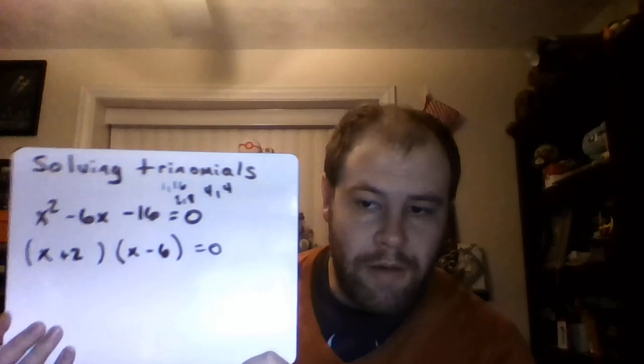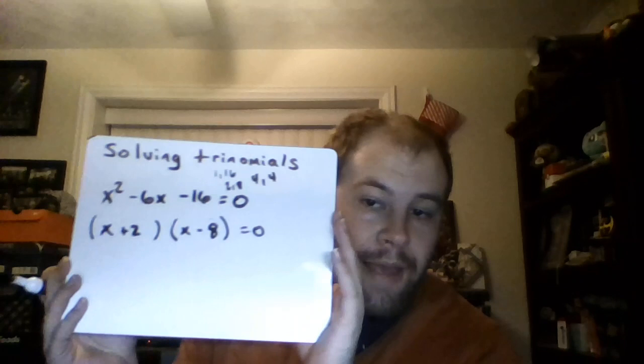I think 2 and 8 is going to work for this one. So I'm going to have x plus 2 and x minus 6. There we go. X plus 2, x minus, oh, not 6, 8. Come on, Mike. There we go. X minus 8. All right.